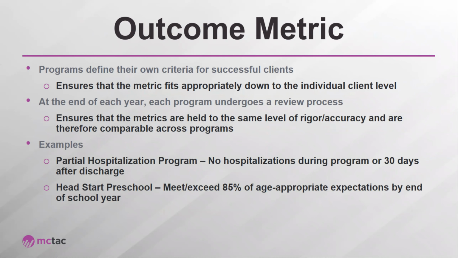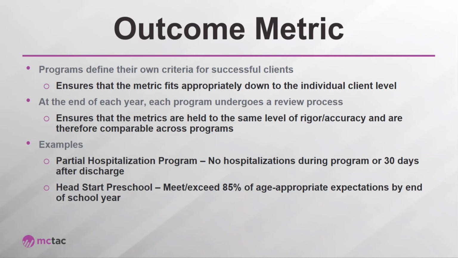And to do that, we have an annual review process that's fairly systematic and really does a pretty good job of making sure that when one program says that 92% of their clients are successful and another program says 92% of their clients are successful, you can treat those similarly.